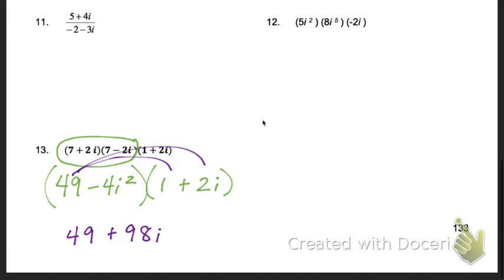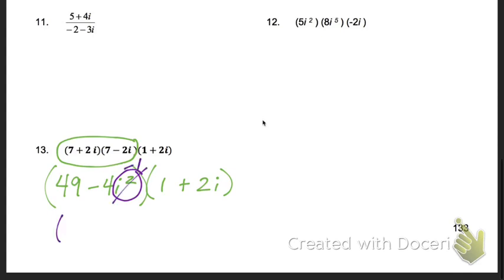Wait, hold on. I'm going to erase this. There's something that we could have done that we didn't even have to FOIL it out. Can't you do the i squared and change it to 1, so then the answer would be 53? I could change that to be a negative 1, which makes this become 49 plus 4, which becomes 53 times 1 plus 2i.